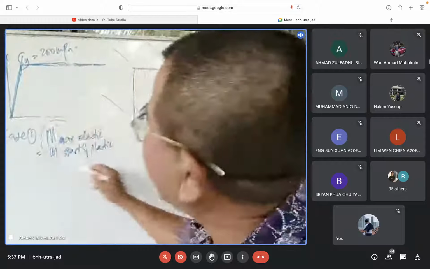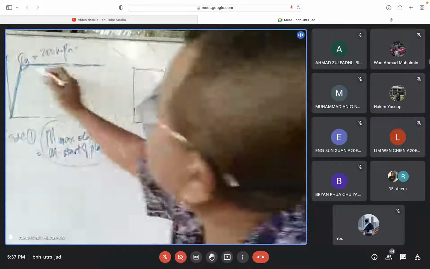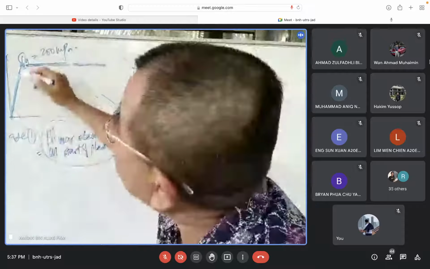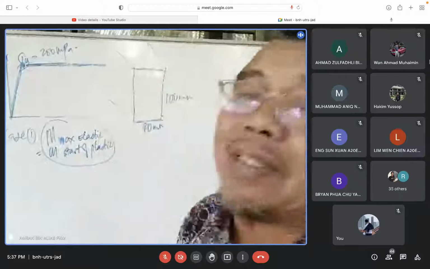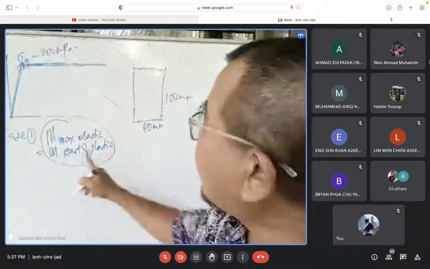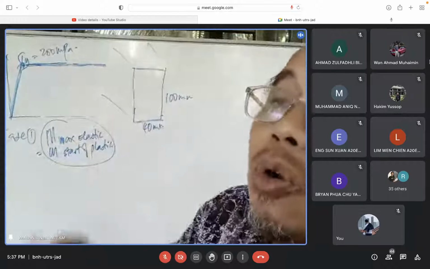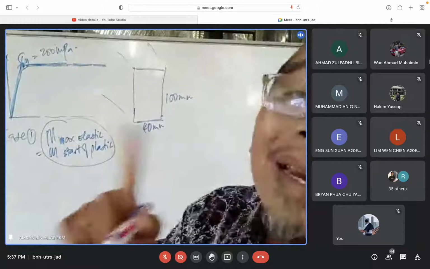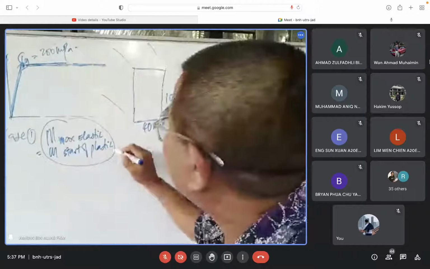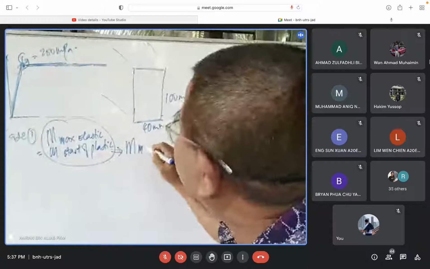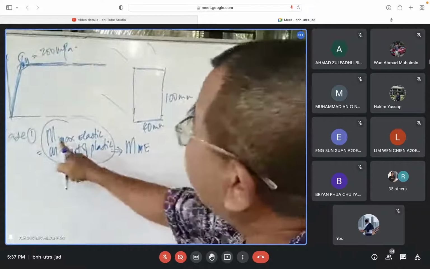Both of these definitions are the same. This is plastic, but this is the starting of plastic. This is elastic. So those are the maximum point of elastic, the same point. Start of plastic or maximum elastic, they refer to the same point. So in this case, we just use one term. The definition we want to use is moment maximum elastic, ME.